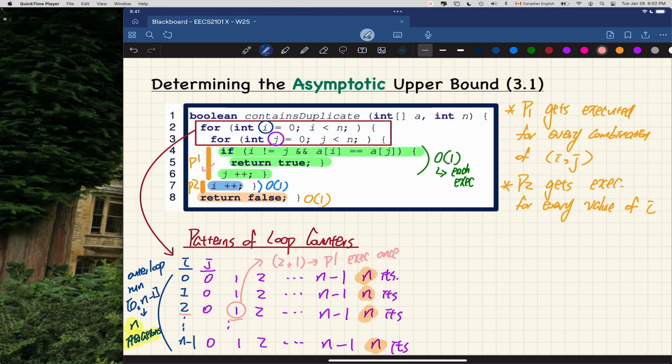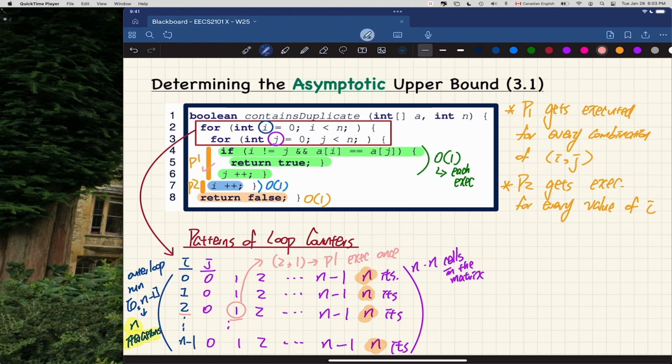And out of this matrix over here, how many cells are there? We got n columns in each row, and we got n rows, n times n. So overall, we got n times n cells in the matrix, or just 2D.